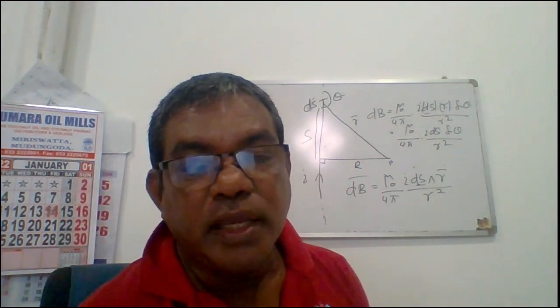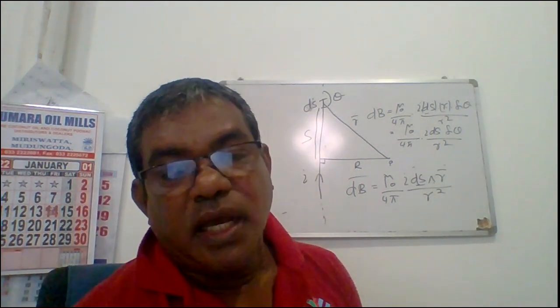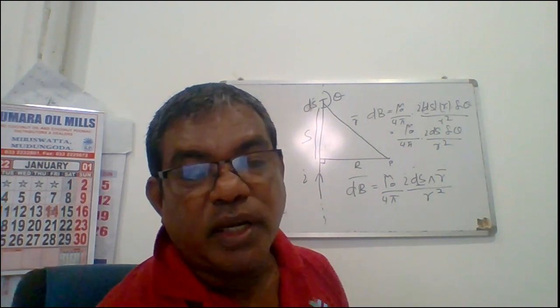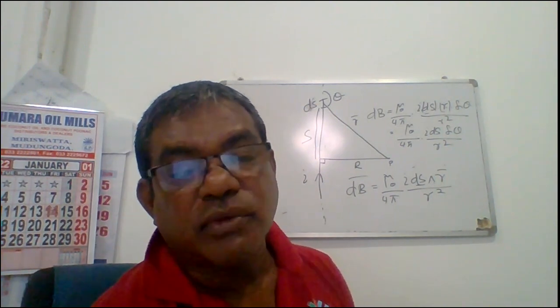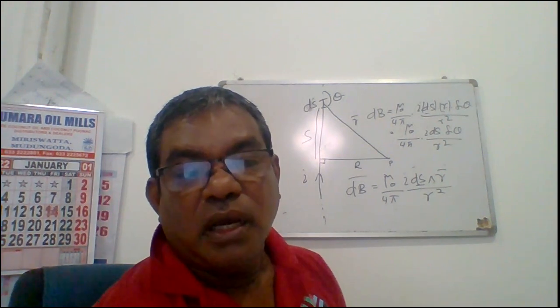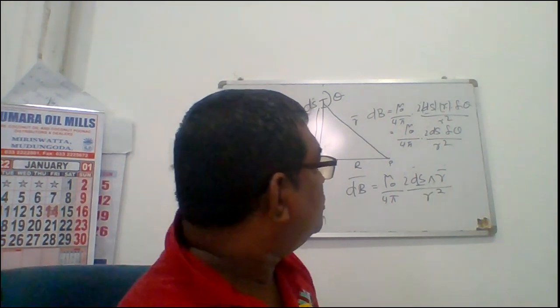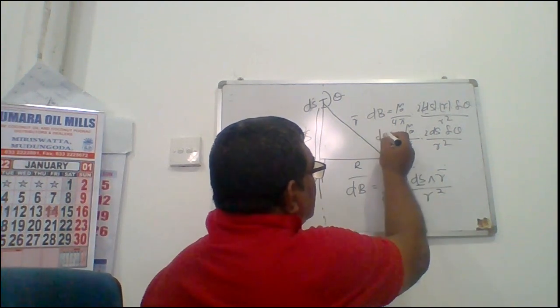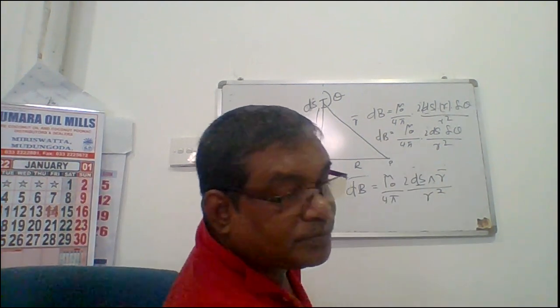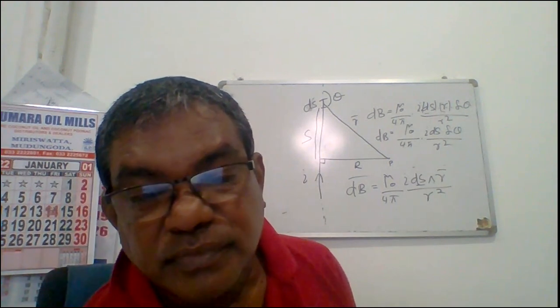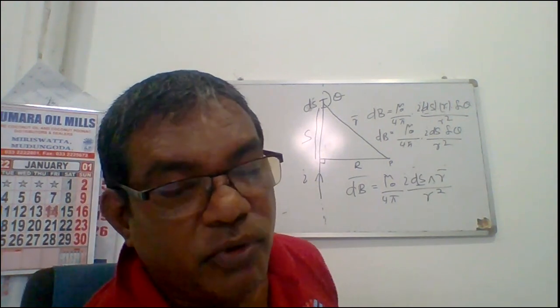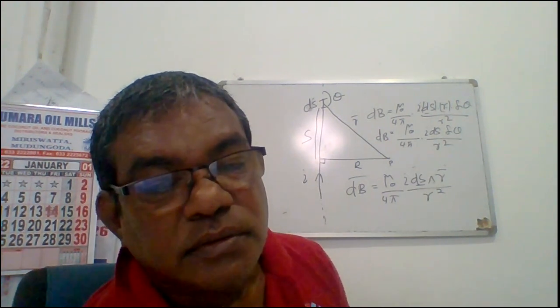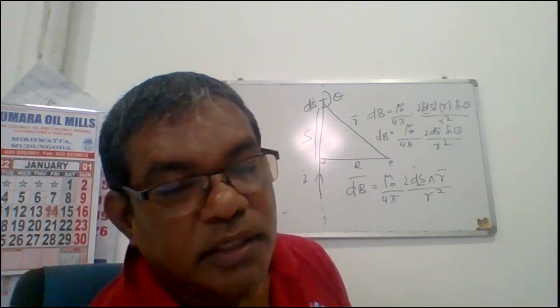So dB is mu naught I ds sine theta divided by 4 pi r square. Now, any clarification? No, that is okay. Can you see the whiteboard? Yes, sir. Okay, thank you.